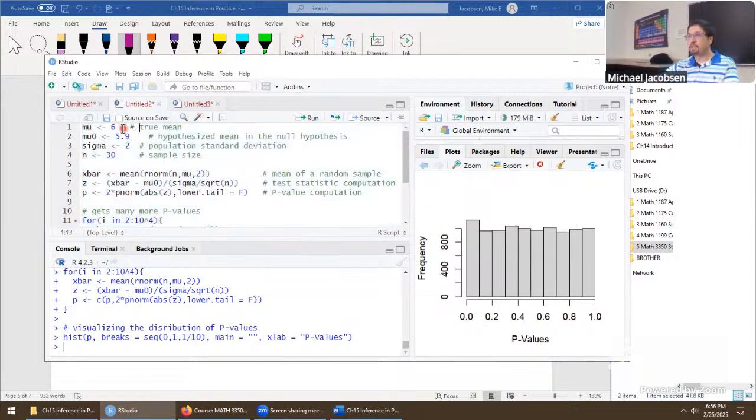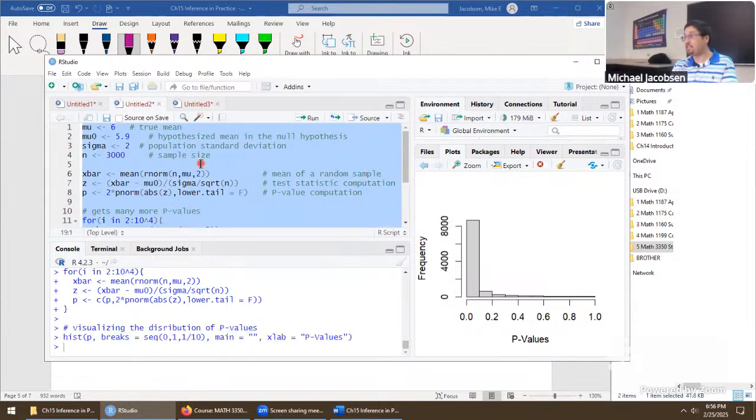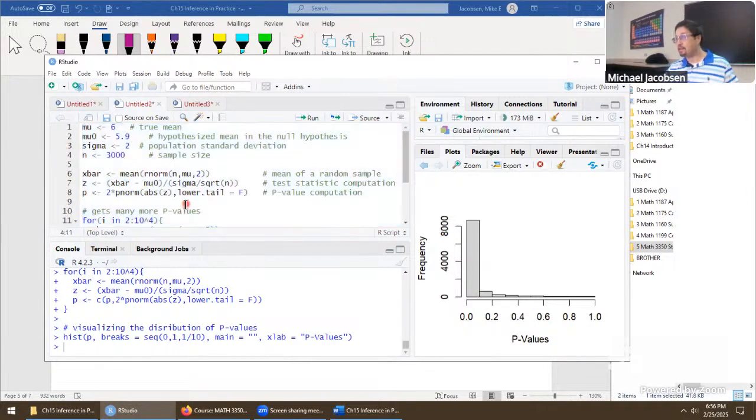And the difference between 6 and 5.9 might be so small as to be totally negligible, below the effect size, in other words. But if you make your sample size large enough, you can detect even a small, for practical purposes, insignificant difference because your p-values get smaller and smaller again. So we can detect this small difference with a large enough sample size.